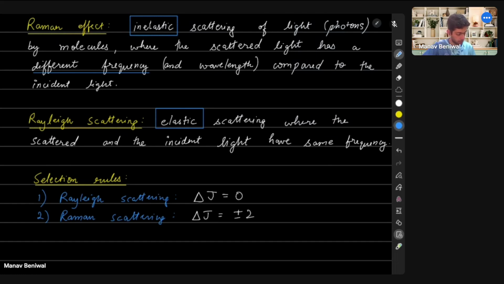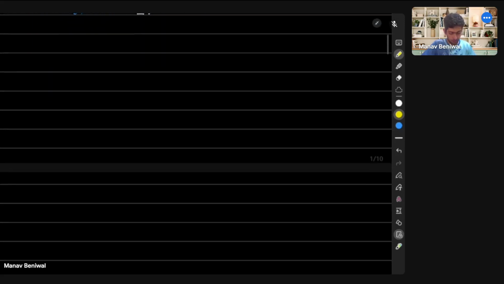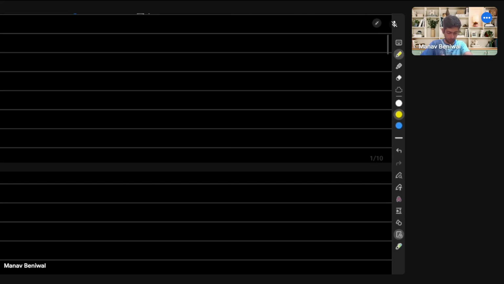And thirdly, for vibration, we have the vibrational quantum number V. So V changes by plus or minus 1. Okay, so these are the selection rules.